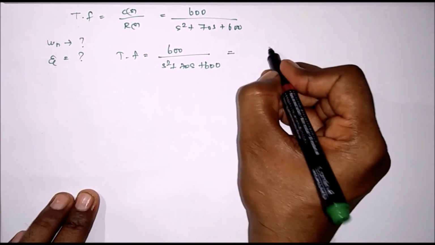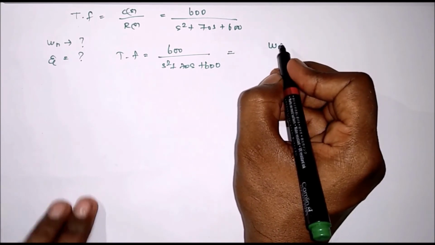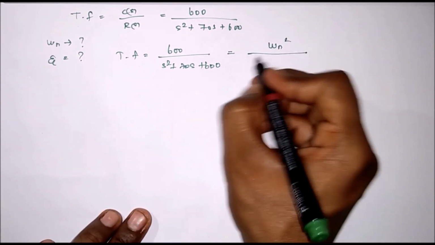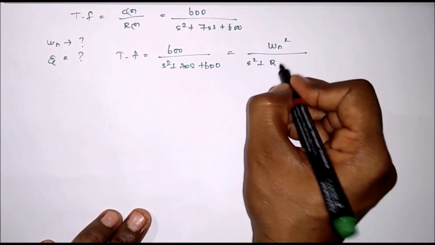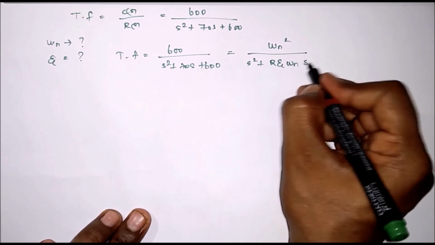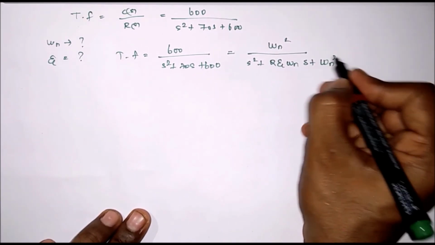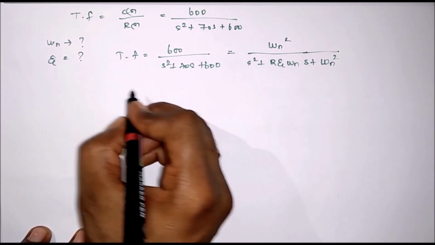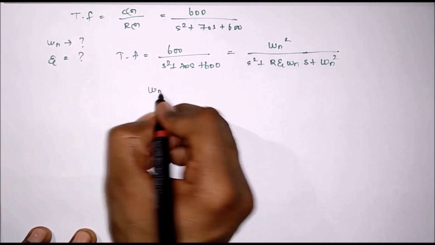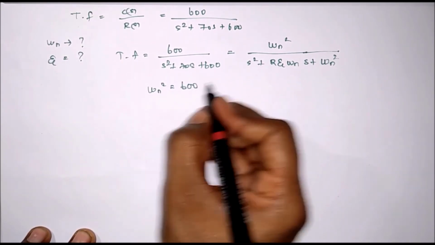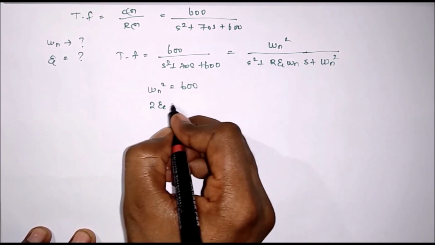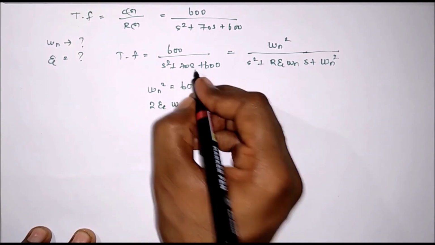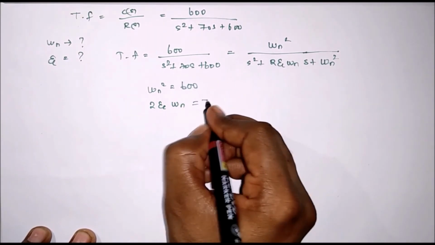Its actual second order structure is omega n square divided by s square plus 2 eta omega n into s plus omega n square. So we have to compare these two. From this, omega n square equal to 600, and 2 eta omega n equal to 70.